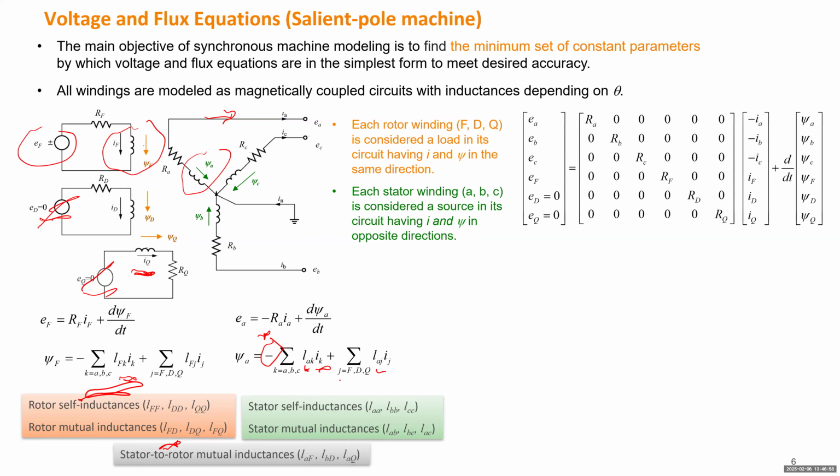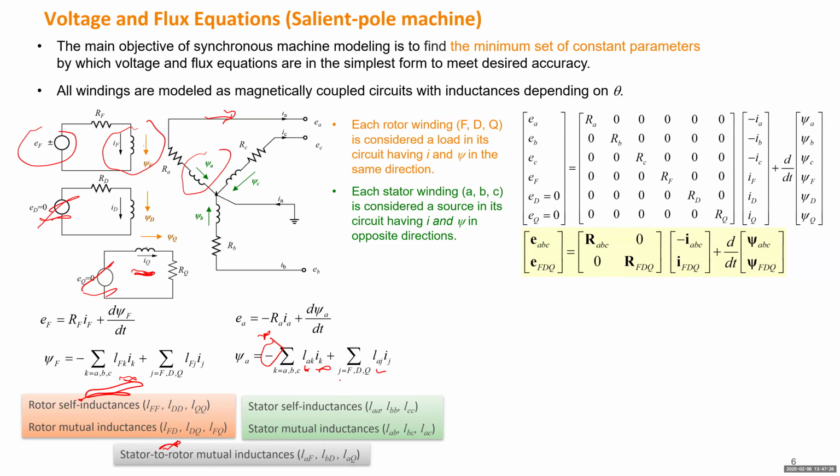On the right-hand side, we have two items. The first item is a diagonal matrix of all the resistances of the 6 windings, multiplied by a column of current. In this column, the stator current has a negative sign because we defined the opposite direction, plus the time derivative of the flux linkages of all windings.